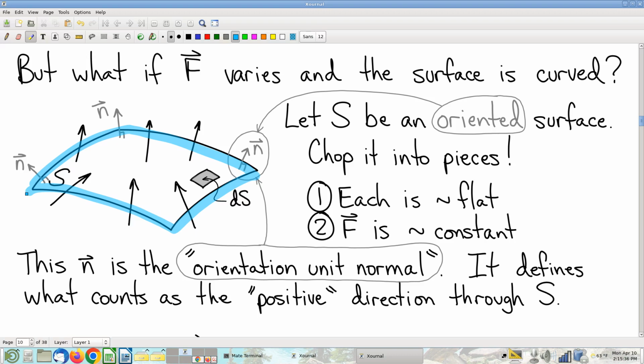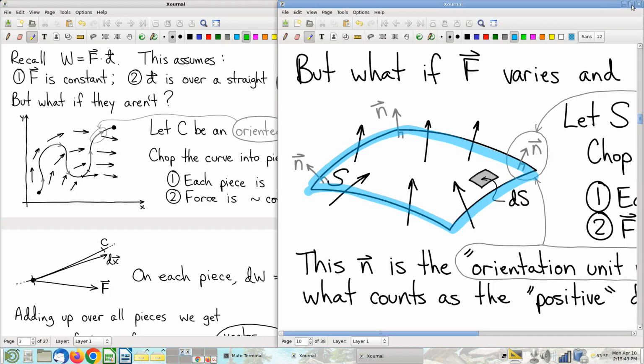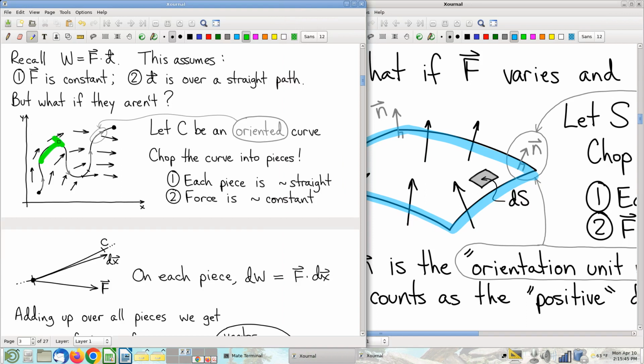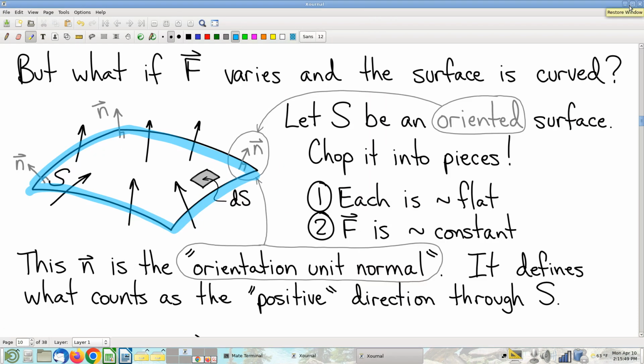We need some sort of an indication of what the right direction is, not along the curve. We need a notion of what is the right direction through the surface. What is the positive? What are we going to call the positive direction through the surface?